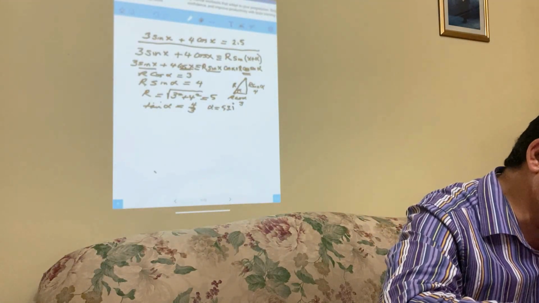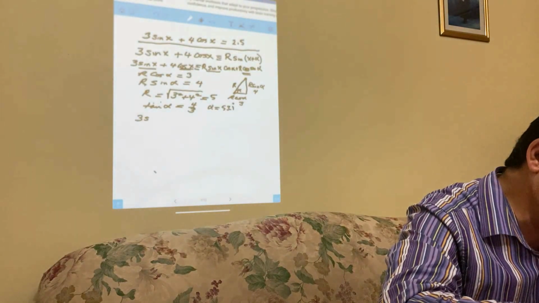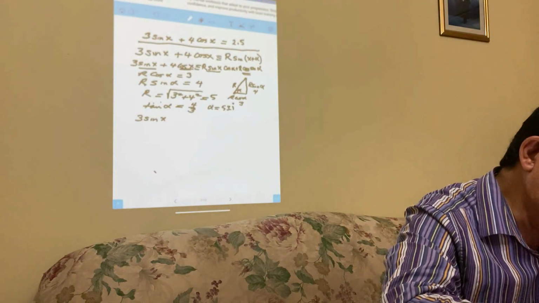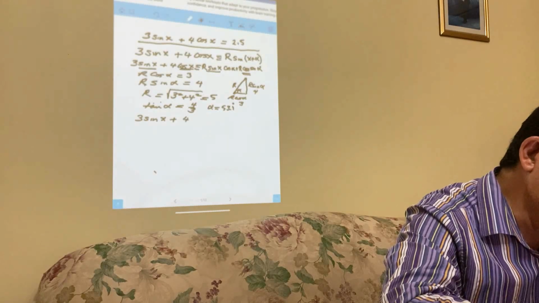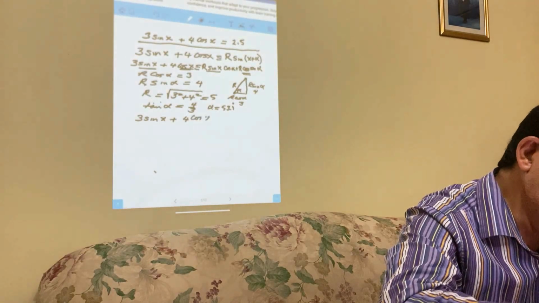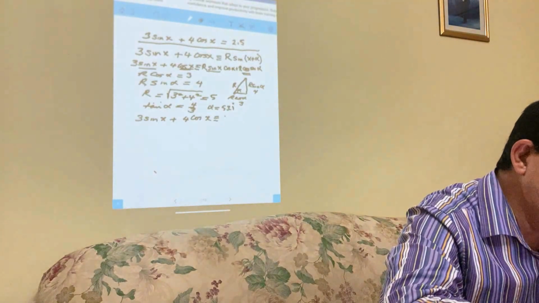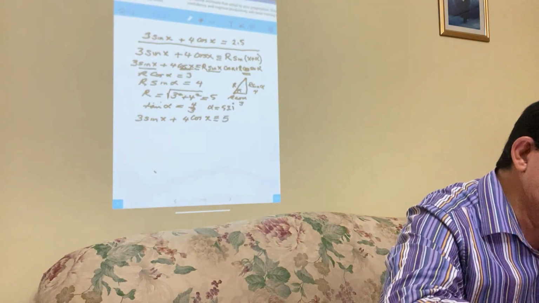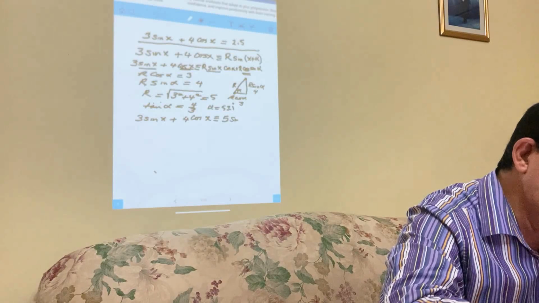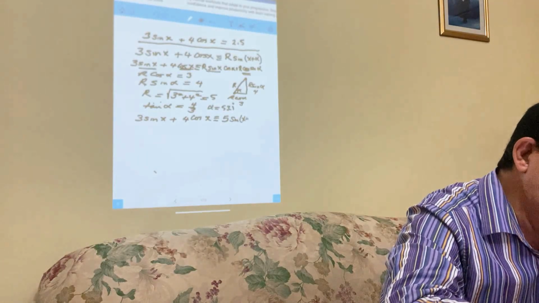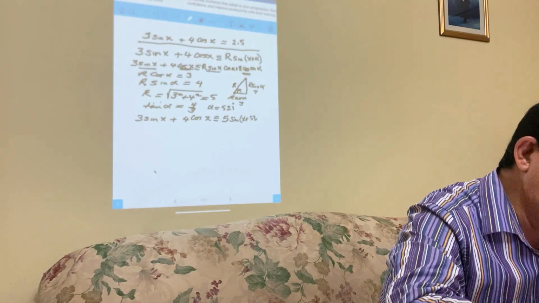These two mean the following. That means that 3 sine x plus 4 cosine x is identical to 5 sine x plus 53.1 degree.